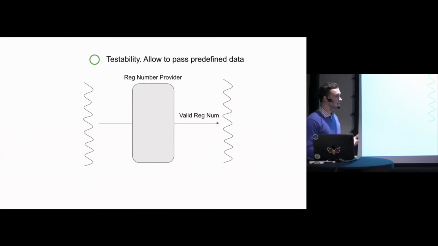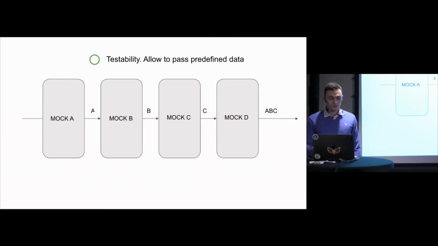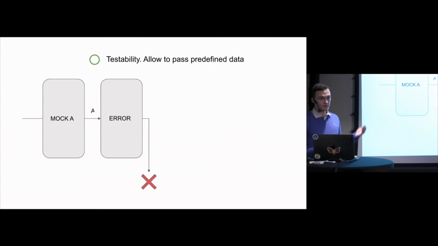Right now, it's not related to any flow, not related to any state at all, and it doesn't care about any other screens, so we can just test it. And the same for flow. We can mock all of the steps, and it's still going to work. We can reproduce any result. We can show an error after some screen and check how it reacts.